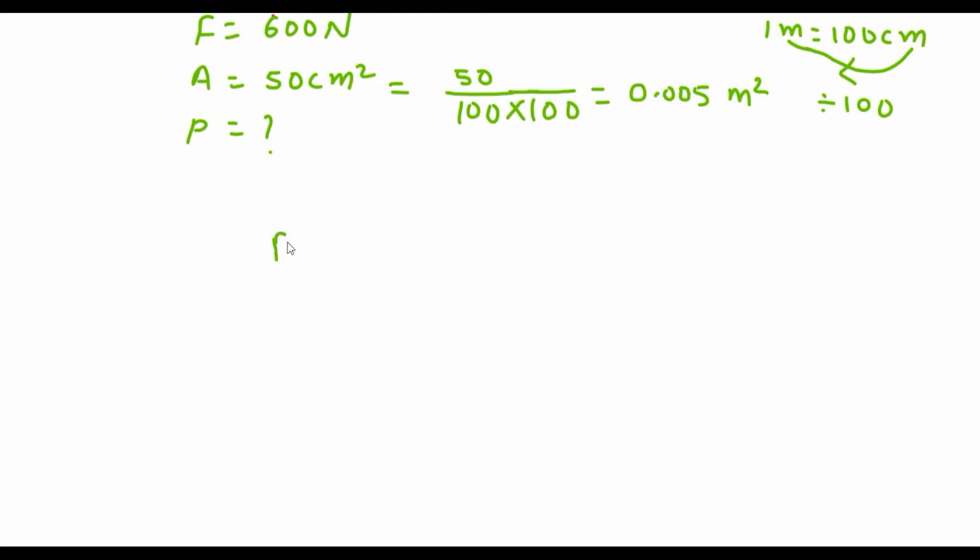And we know that pressure is given by force by area. So by applying the formula, pressure equals force by area, and force is given 600 Newton and area is given 0.005.